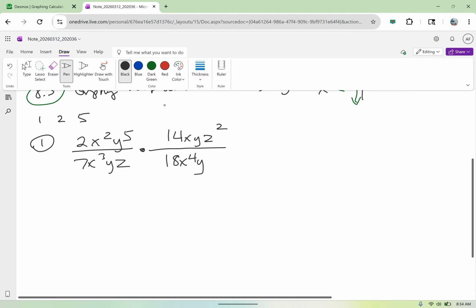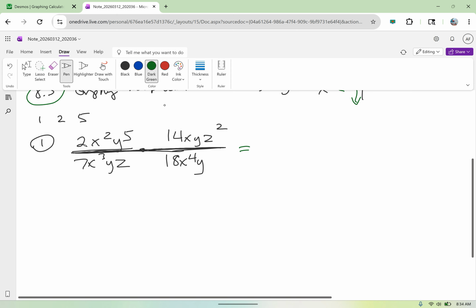There's no plus or minus anywhere in this fraction at all. This is all the numerator, it's all multiplication. This is all multiplication down here. So I can go straight into canceling.